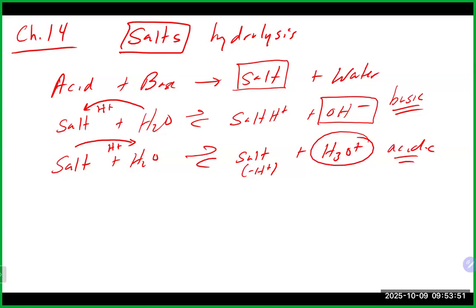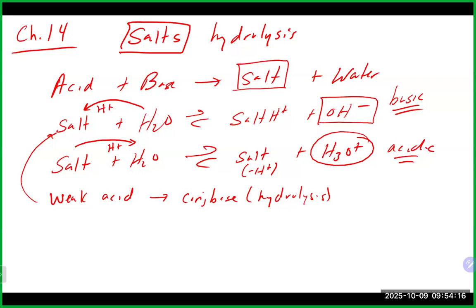Now, again, what salts will go through hydrolysis or not depends on where they came from. So remember, it's that opposite relationship. If you have something that came from a weak acid, like this situation, it will produce a conjugate base that will go through hydrolysis. And again, it will do pretty much what we see up there, produce hydroxide.